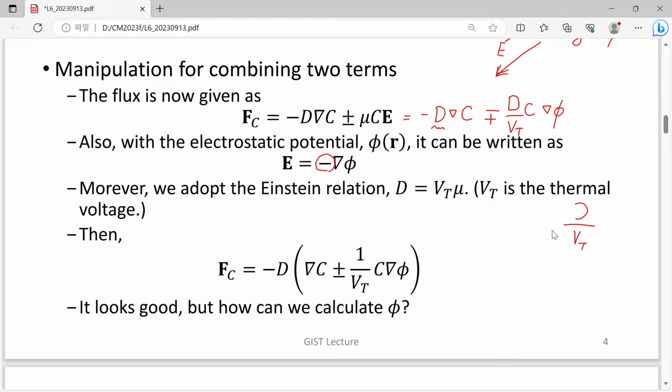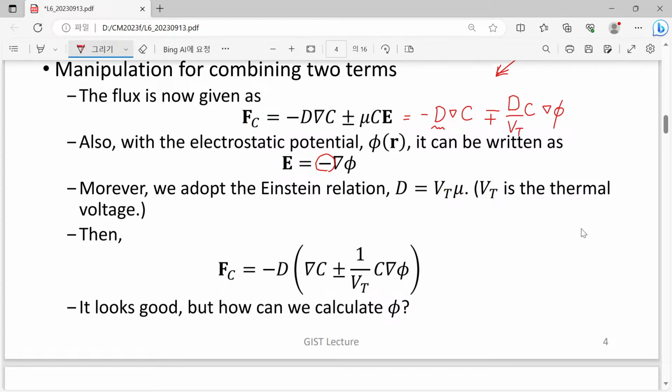So now we can collect them all. Take minus D, then we will have the gradient of concentration, and positive, negative, and 1 over thermal voltage and C times the gradient of phi. So that is exactly the same as shown here.